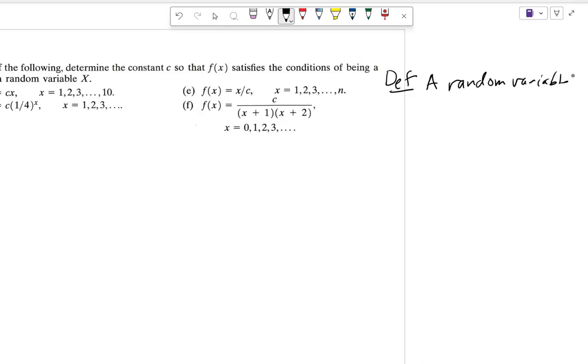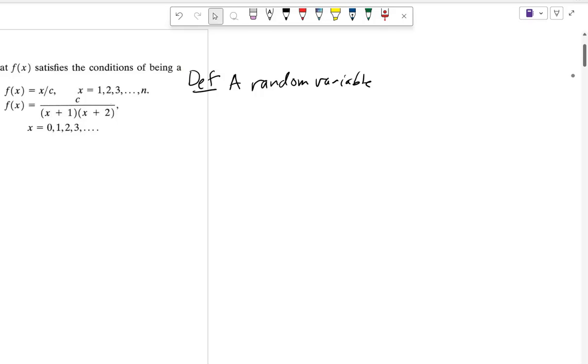A random variable, typically we refer to it with the letter X. Now, we call it a random variable and give it a name like it's a variable, but we really mean a function. Okay? So a random variable X is a function. What does it go from? Well, it goes from a sample space to the set of real numbers.